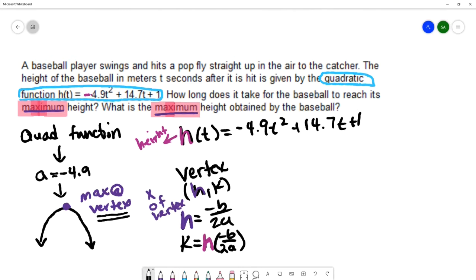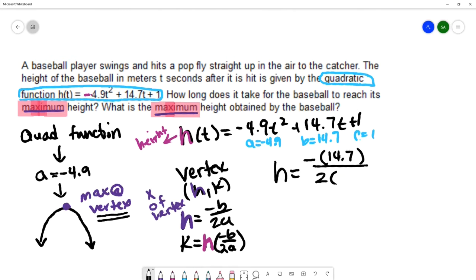So in our example, a is negative 4.9, b is 14.7, and c is equal to 1. We're going to substitute those in for the vertex formula. Negative b, that's negative 14.7, over 2 times a, that's 2 times negative 4.9.